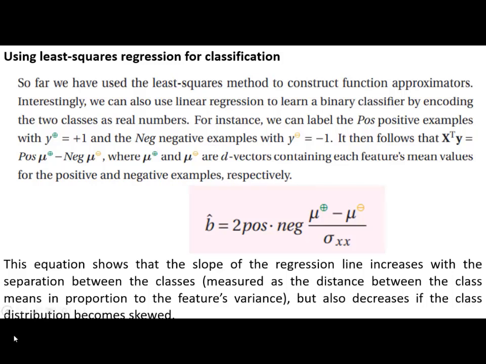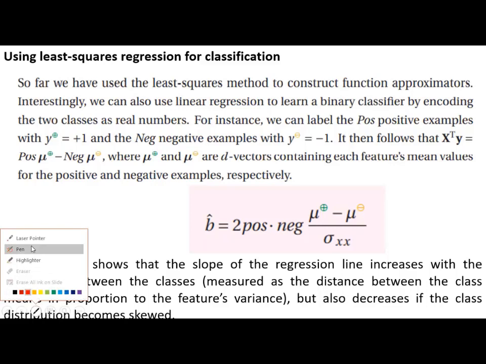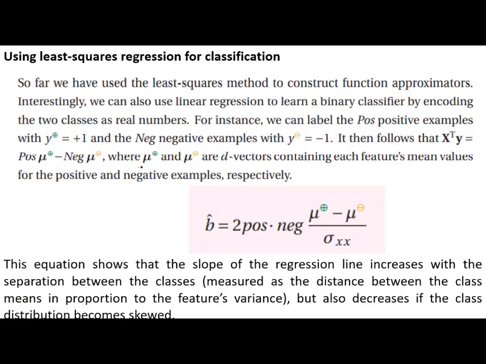So mu plus is a d vector containing the positive values. D vector means row vector, my dear friends. This is the positive mean mu plus, and similarly mu minus is a d vector containing the negative values.